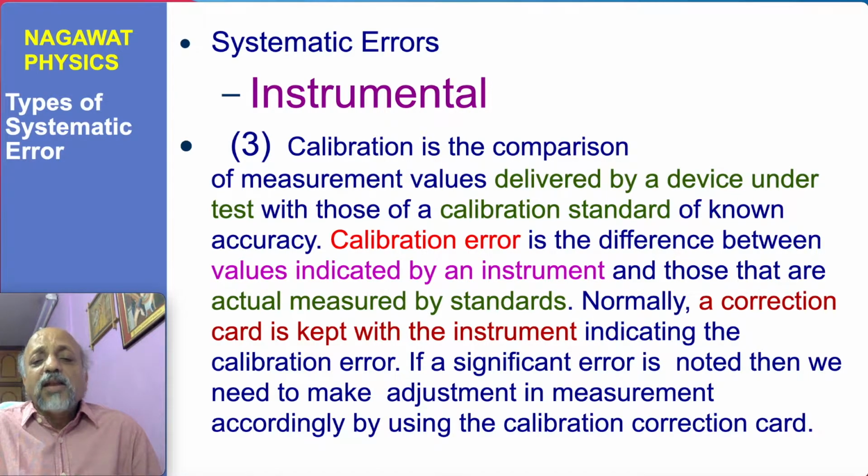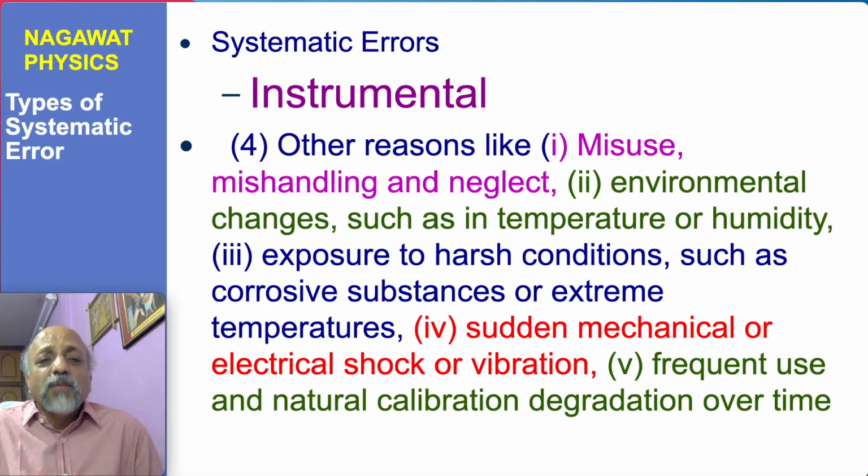You find that there is a significant error, and this can be accommodated very well by using this correction card, which shows you that if the reading on the display is something, what reading should be taken, based on the comparison with the measurement by the standards. So calibration error is also one of the important instrumental systematic errors.